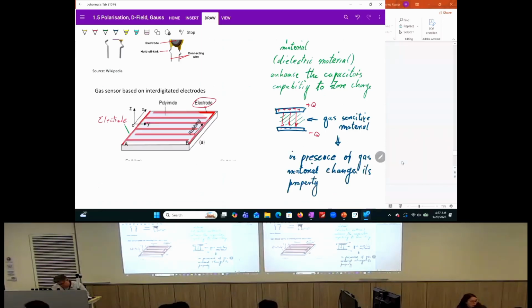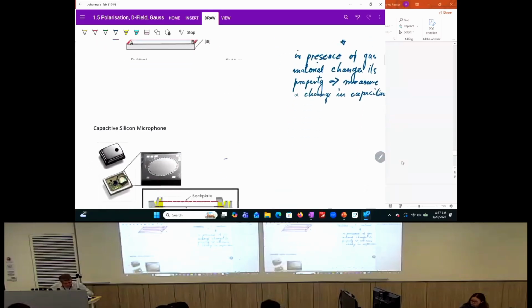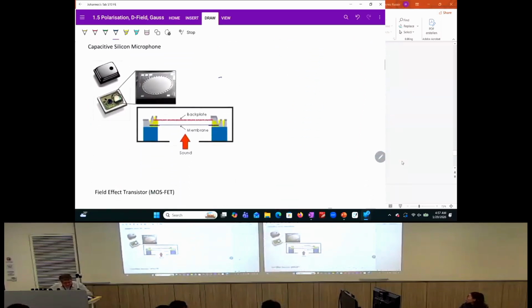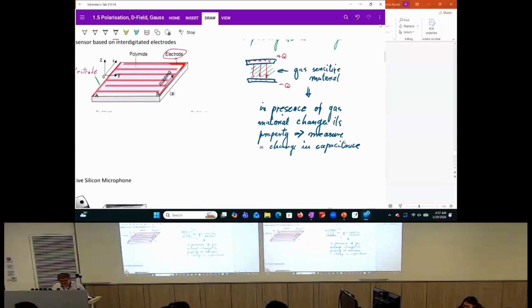As a consequence of this change of property, you measure a change in capacitance. So you have the gas-sensitive material, and in presence of gas, the material is changing its property, and you notice that.